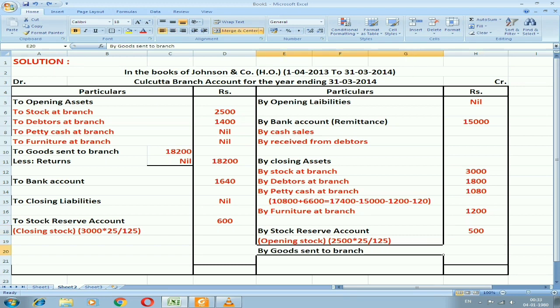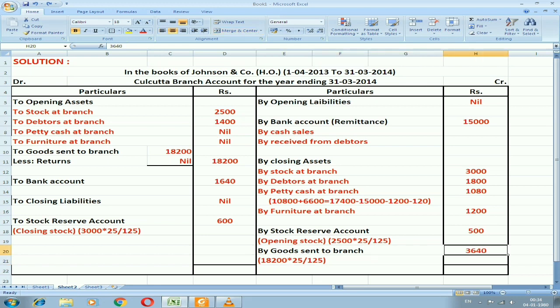Next I need to find out one more entry, that is by goods sent to branch. So goods sent to branch, on the debit side we have 18,200, so on that also I need to calculate 25 divided by 125, I'll get 3,640. On that 18,200, 3,640 is the profit margin we are supposed to calculate. So after this you need to do the total.